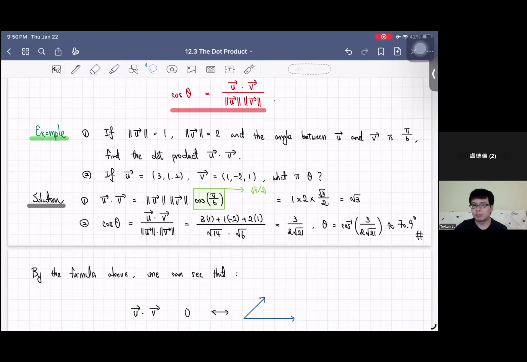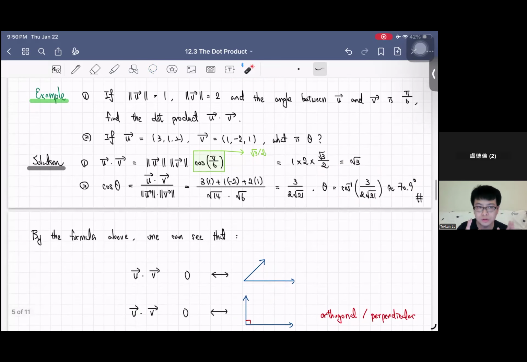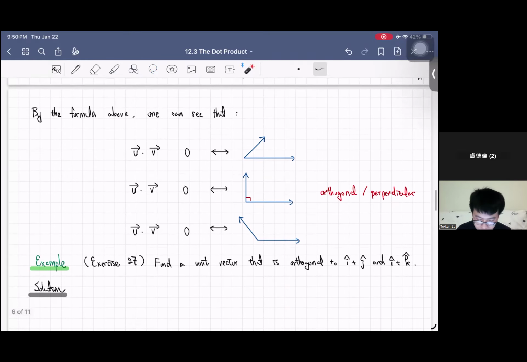But for cosine, it's quite simple, because the range of the inverse cosine is within 0 to 180, so what inverse cosine gives you is exactly what we want. In this case, there's no adjustment to be made. So find the cosine via the dot product, and then take the inverse cosine. You'll get your desired angle. There's no ambiguity about that.